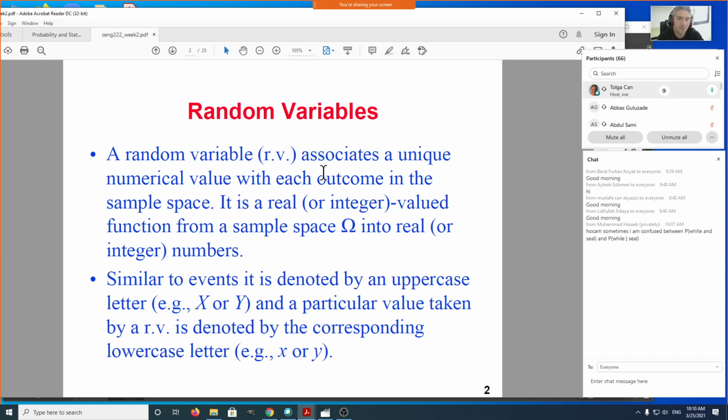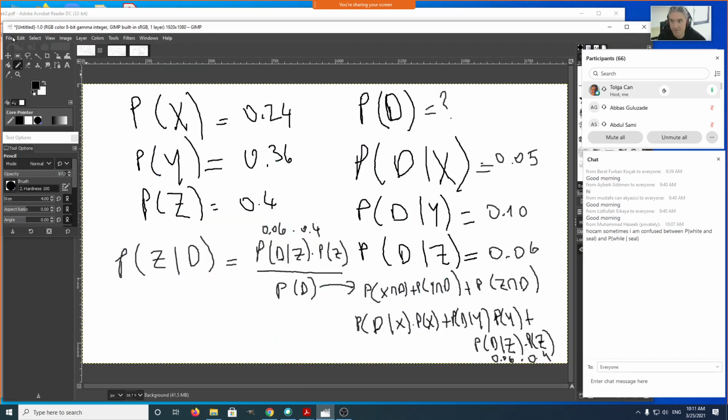A random variable, just like the event names, we use x, y, z. Now, a random variable, on the other hand, is not a subset. A random variable is a function whose domain is the sample space. You know from mathematics what a function is, right?